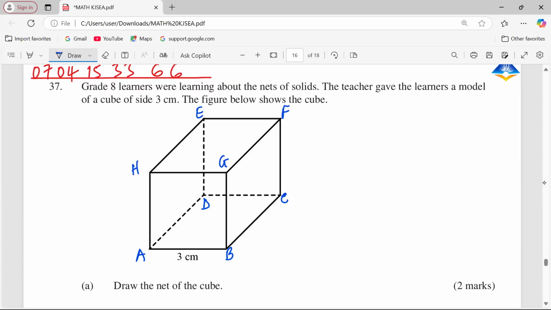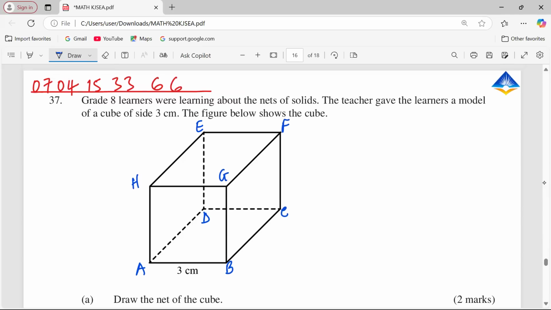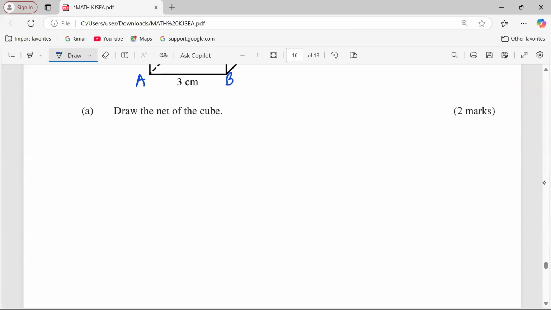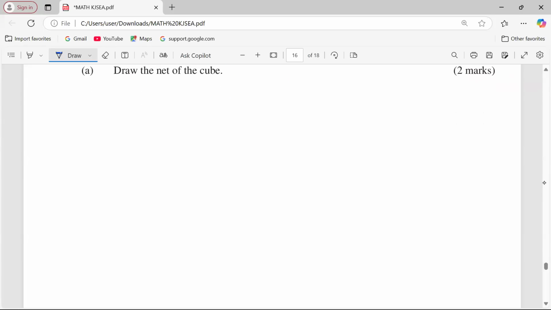So we are supposed to open this into all the faces that we can see. Remember, all the faces are equal and they are 6 in number. Therefore, we're going to open A, B, C, D, that is the base, first. So we start by a square of the base.